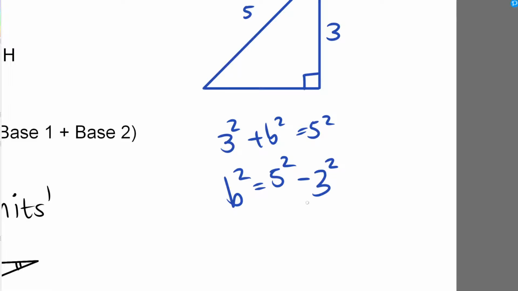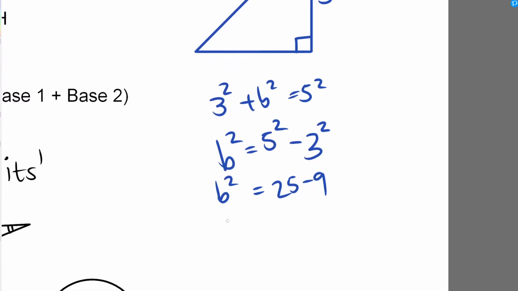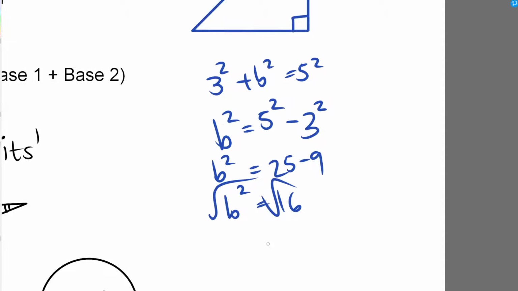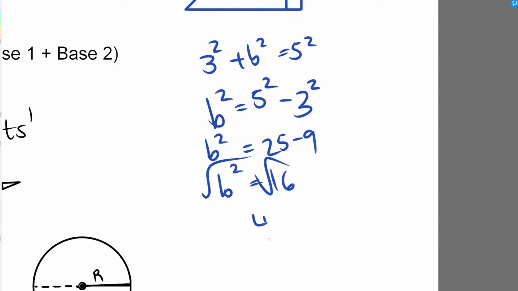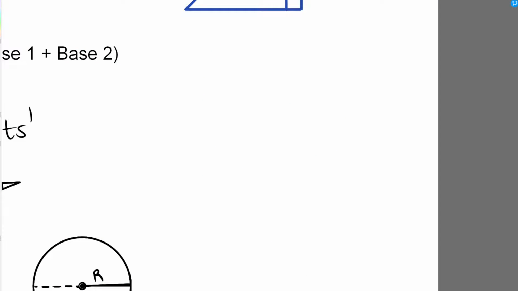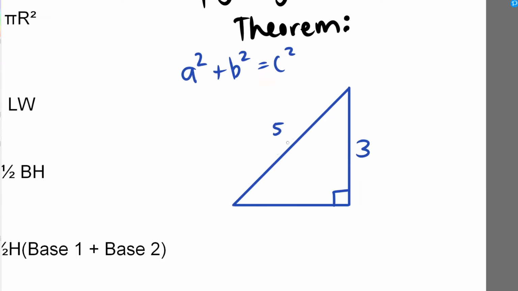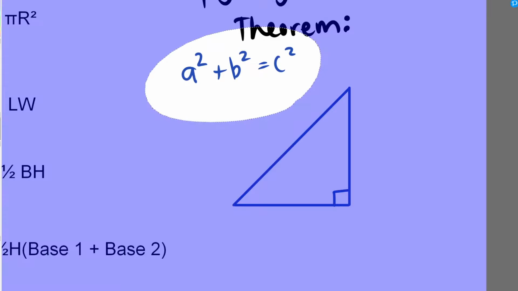You basically want to play plug-in and solve for the variable that you don't know. So this is going to be 25 minus 9 is equal to b squared, which is 16. So b squared is equal to 16. Take the square root of both sides, and this will give you 4. This is just a really useful method for finding a missing side of a right triangle. Hopefully that makes sense.